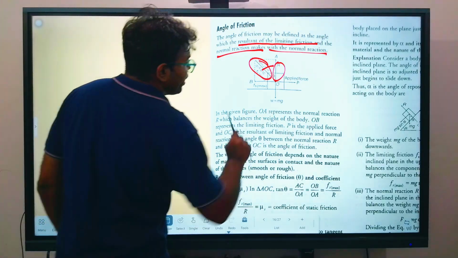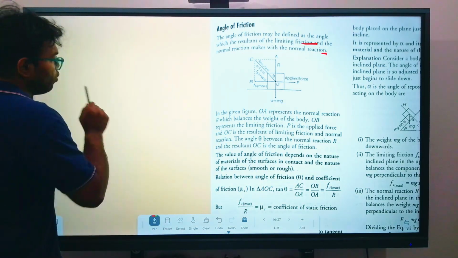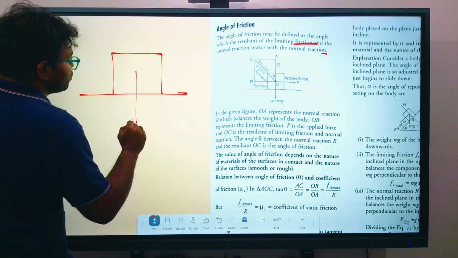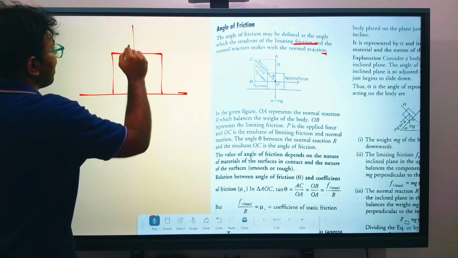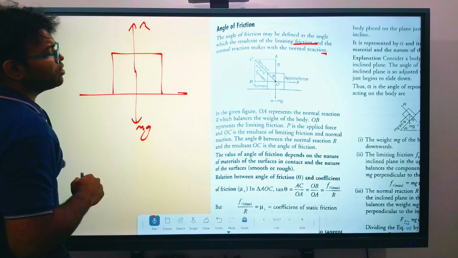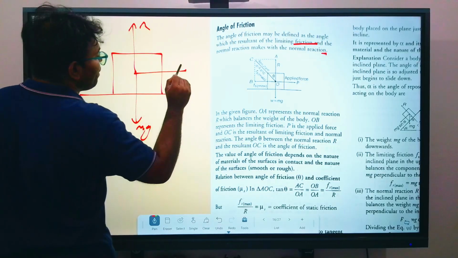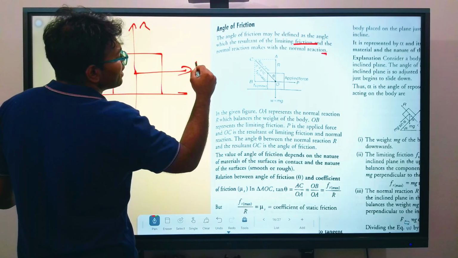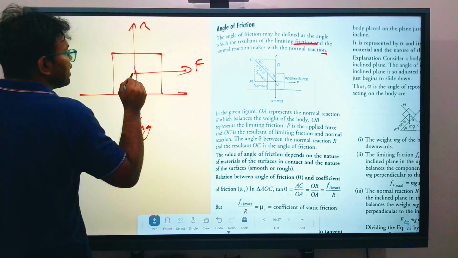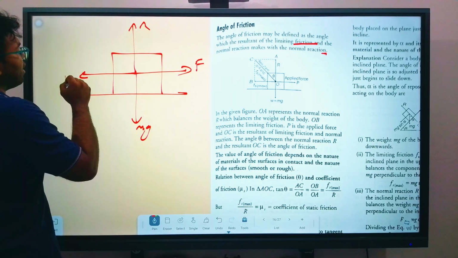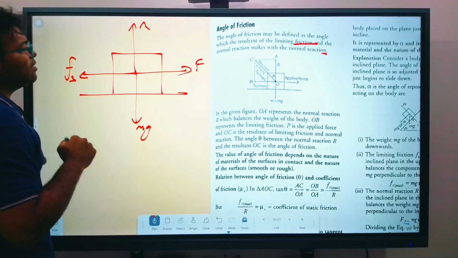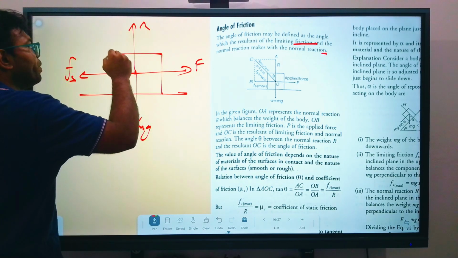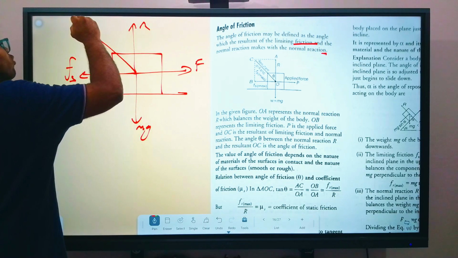Okay, now I'm just going to redraw this here. So you have a surface like this, you have a block, and this is the mg and this is the R. This is the applied force in this direction, let's call it just F. And this is the static friction. So this is the normal reaction, this is the static friction. If these two are like this, then can I draw this?